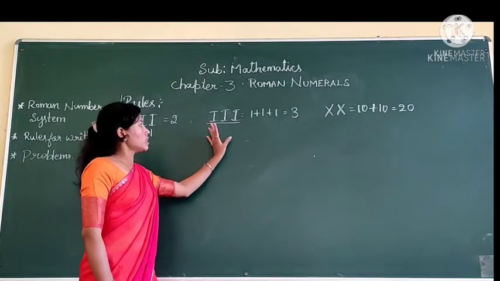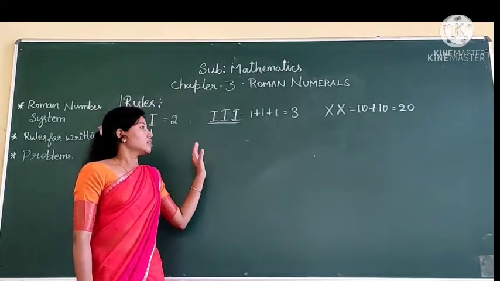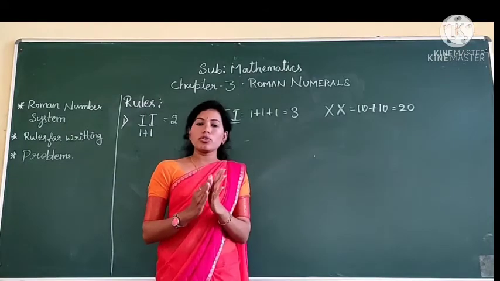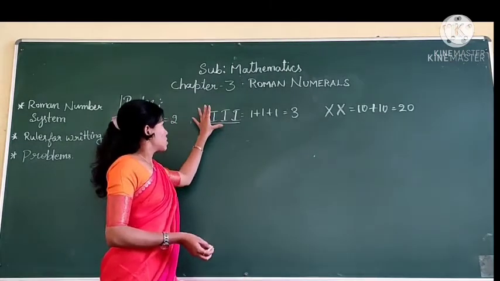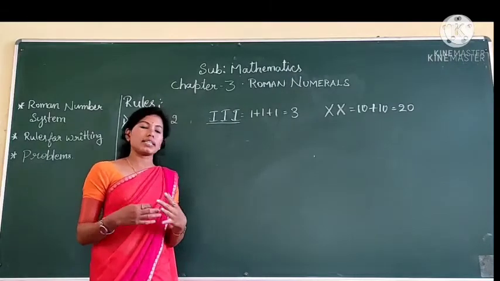In Roman numerals, these letters cannot come together more than thrice. That means the letters are repeated only 3 times, not more than that.